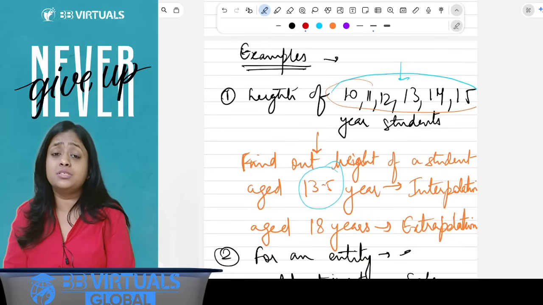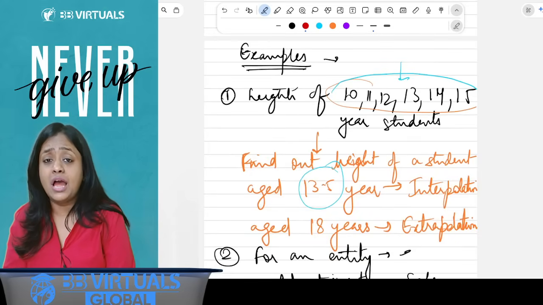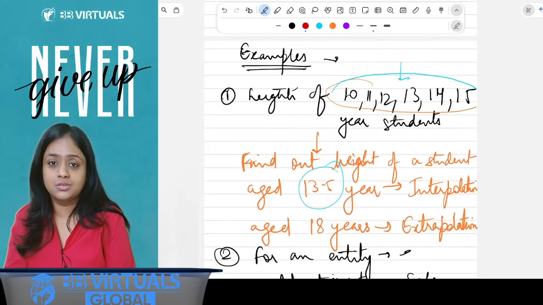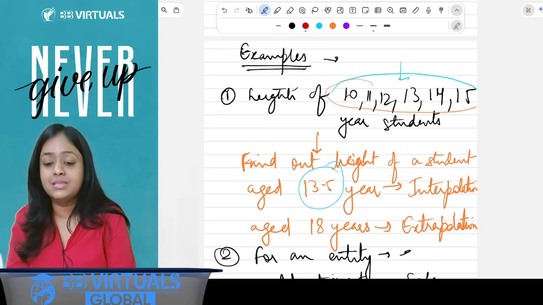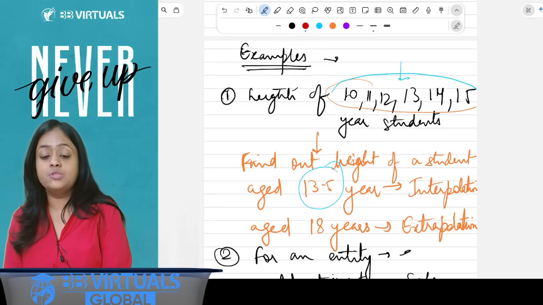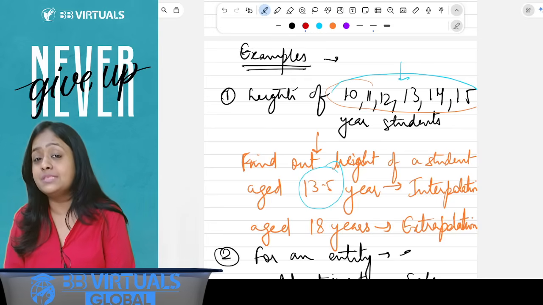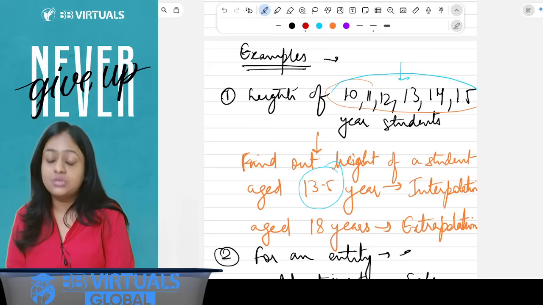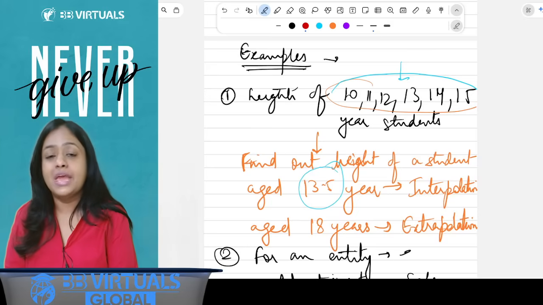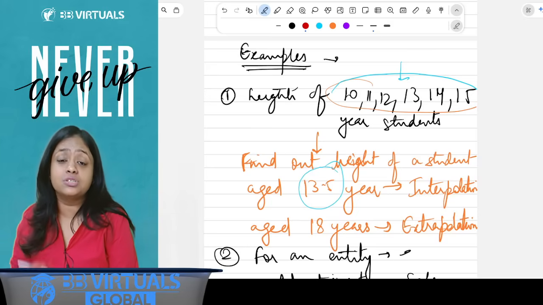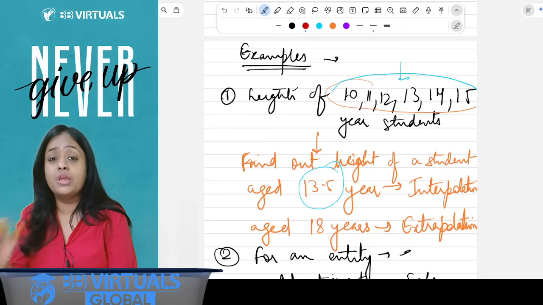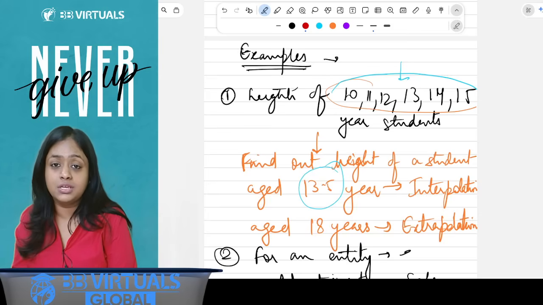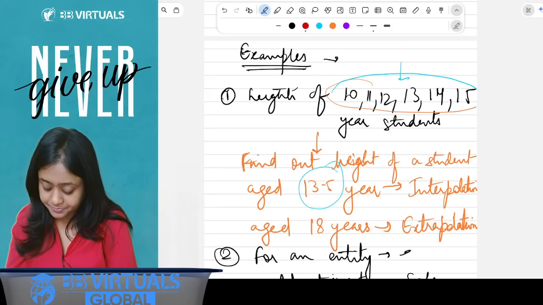Now the next question says find out the height for a 20-year-old student. 20 is beyond the number 15, which means whatever estimation I do will have some element of uncertainty. This is known as extrapolation. Extrapolation means doing predictions outside the range. When you're doing it within the range, you generally have certainty about the values.